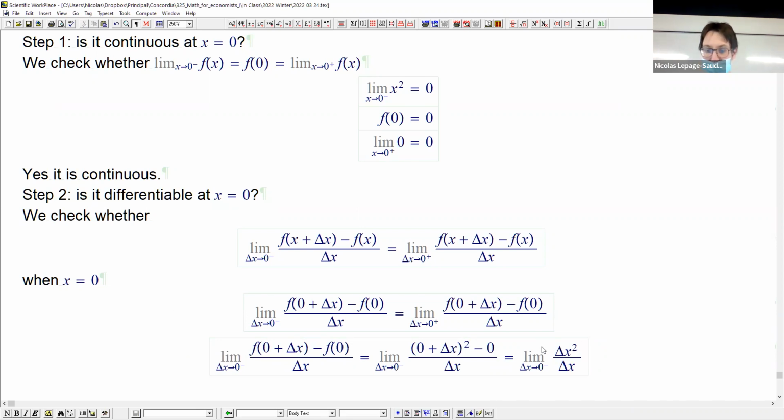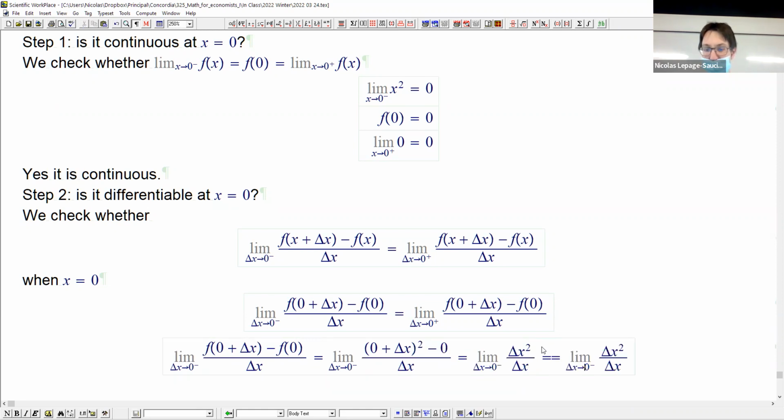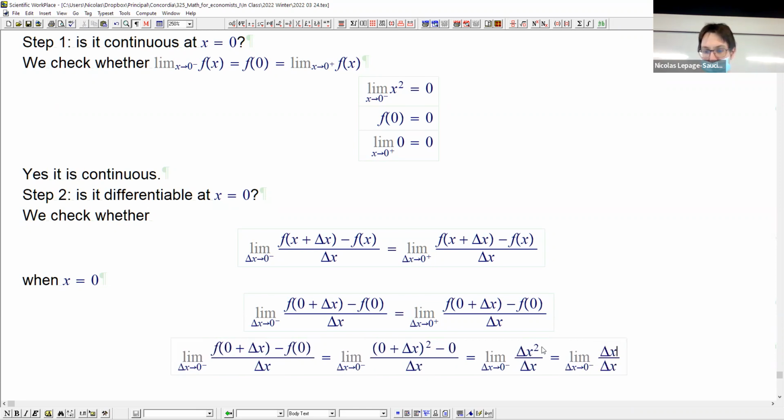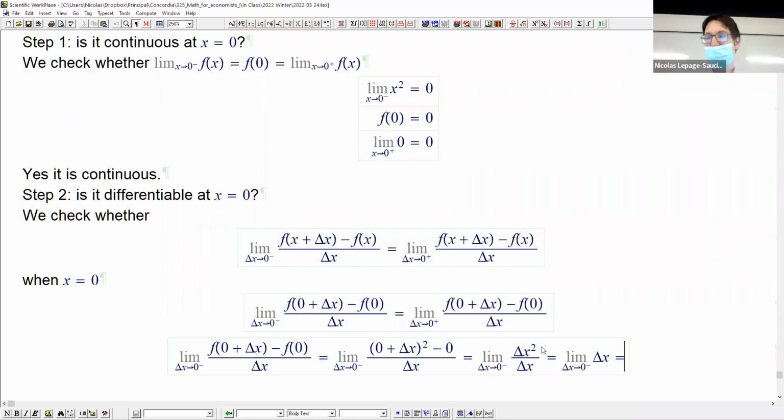Let's just simplify this. And then what is the final result?